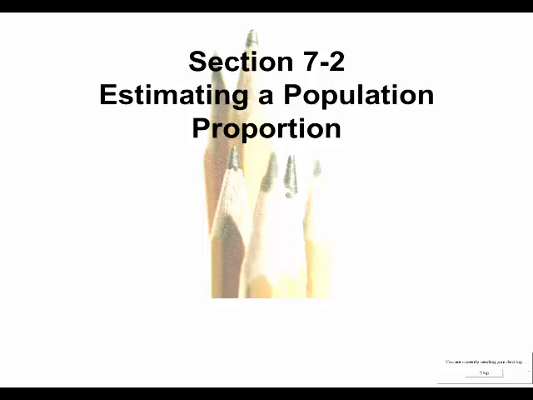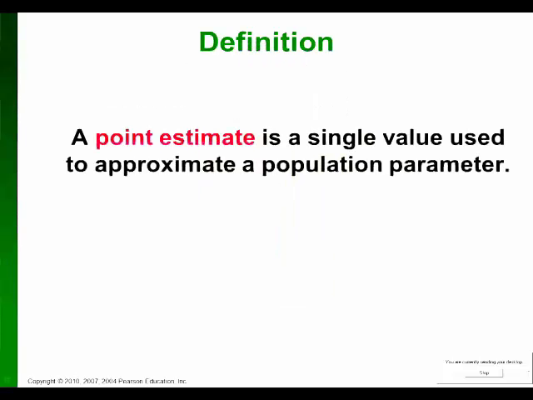A point estimate is a single value used to approximate a population parameter. Now, remember, this population parameter is some statistic about the population, so we're going to approximate population means and population proportions, and we're wondering what's the best thing to use for that approximation.